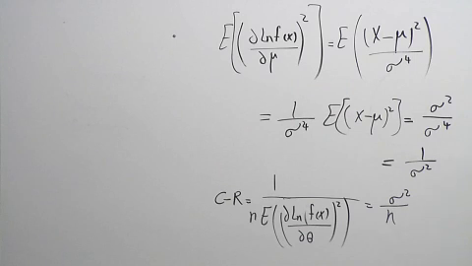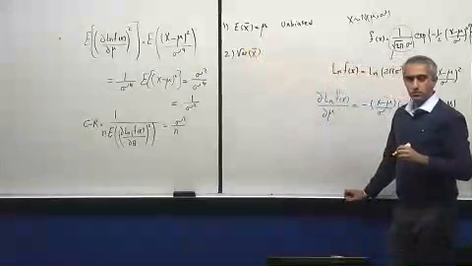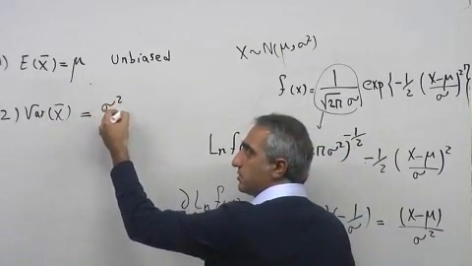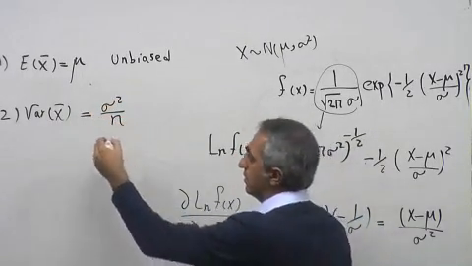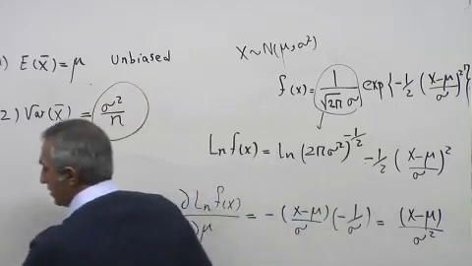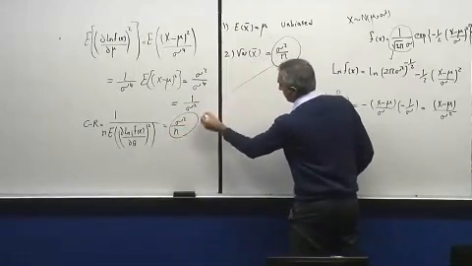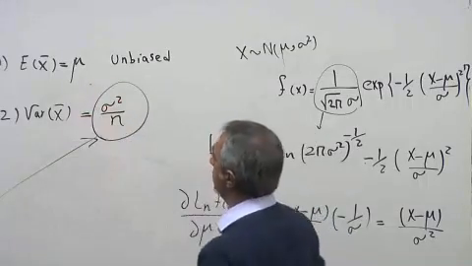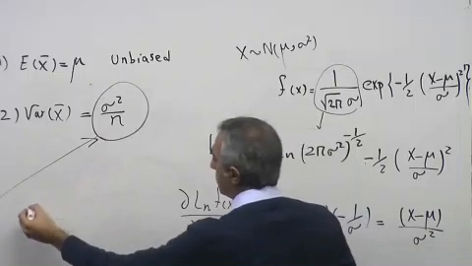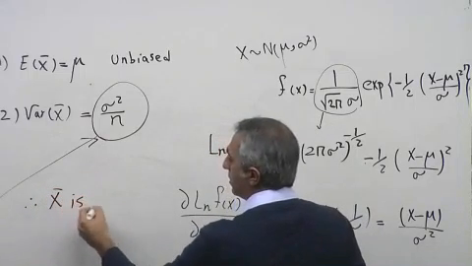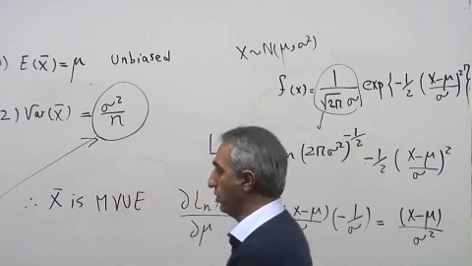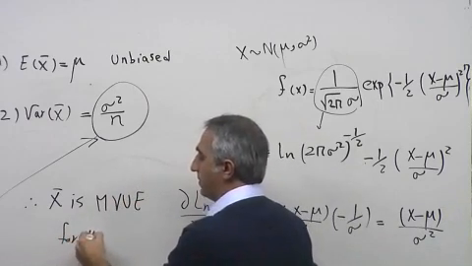So now I need to show what is the variance of x bar. What is the variance of x bar? We know it before. Sigma squared divided by n. That's the variance of x bar. That's the Cramer-Rao bound. They are the same thing. Therefore, based on 1 and 2, I can say x bar is MVU for mu.